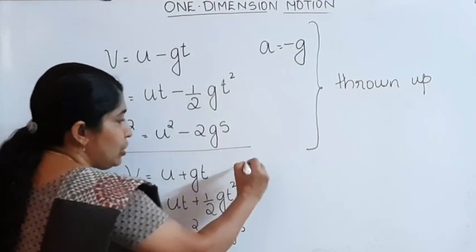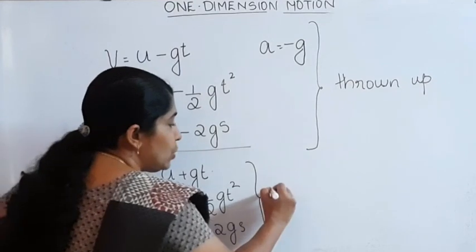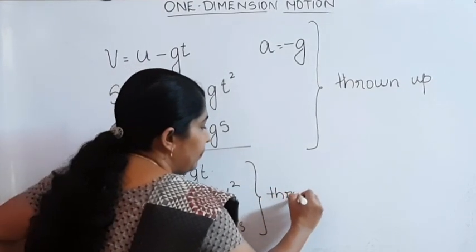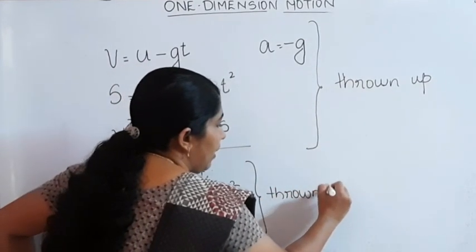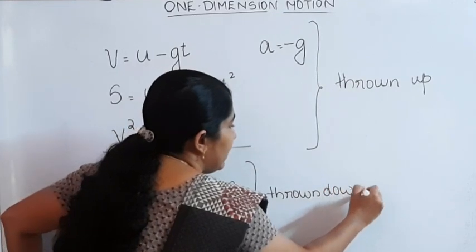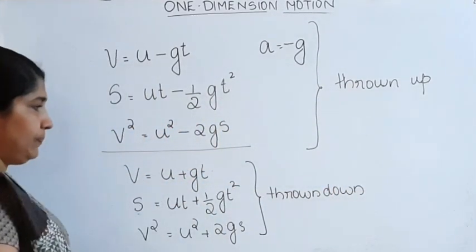These are the equations of motion when the body is thrown down and moves under the influence of gravity.